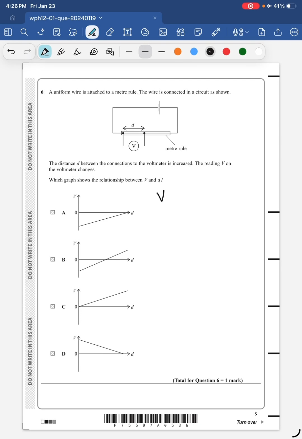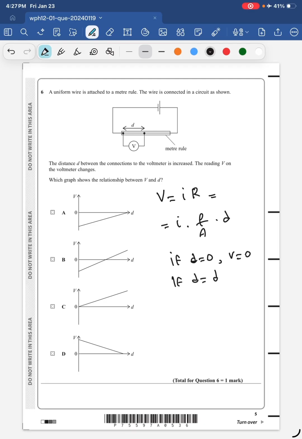So V, the voltage, is current times resistance, right? So voltage is current times a resistance, which depends on the length along the wire. The resistance of a wire can be written as rho over the cross-sectional area times D. So if D is 0, then V is 0.